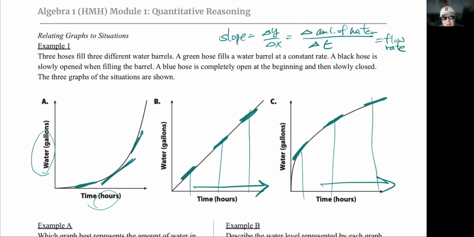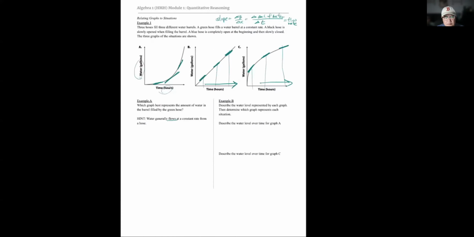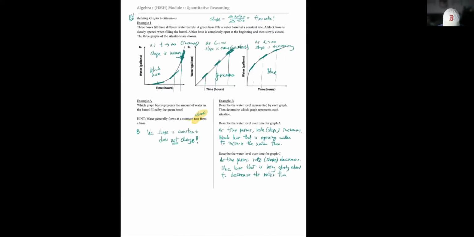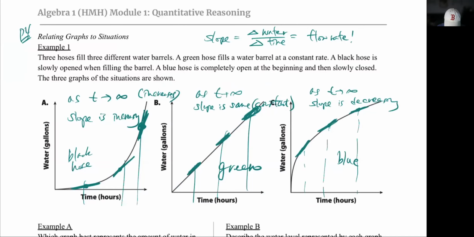Now, given that, try to answer examples A and B. Okay, I'm going to assume that you have paused and then unpaused the video, and here are the answers that I went over in class. As I said, t goes to infinity is a fancy way of saying time increases.